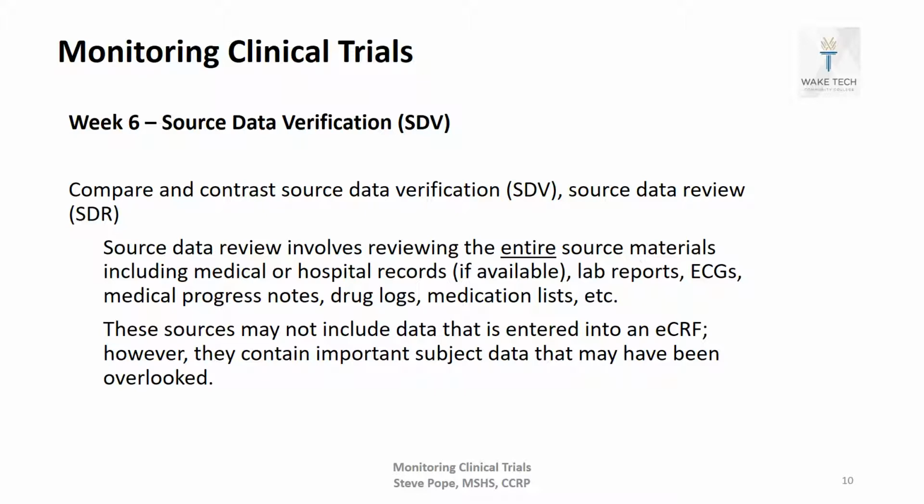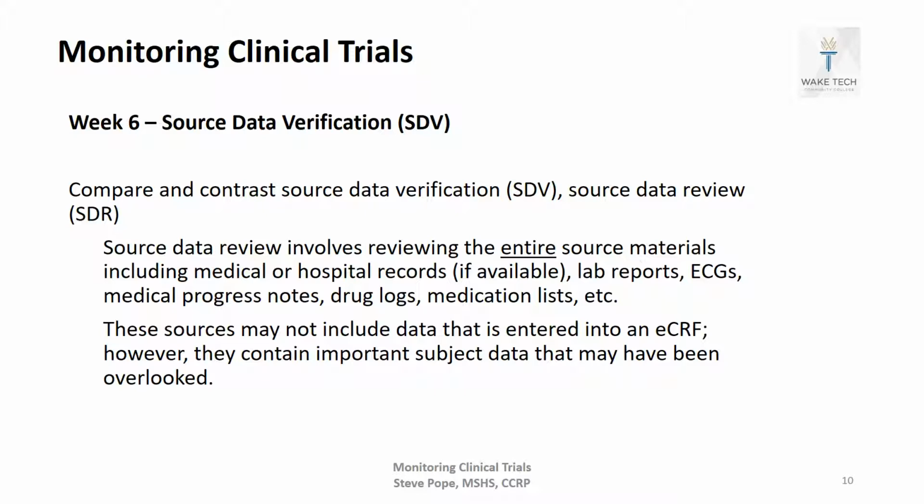That could create a conflict if they did not get it back. And then you have to review the lab itself to see if there might be any out of range values, because that could potentially be an adverse event. So you want to see that the PI or a medically trained sub-I is reviewing that lab, indicating whether or not any out of range values are clinically significant or not clinically significant.